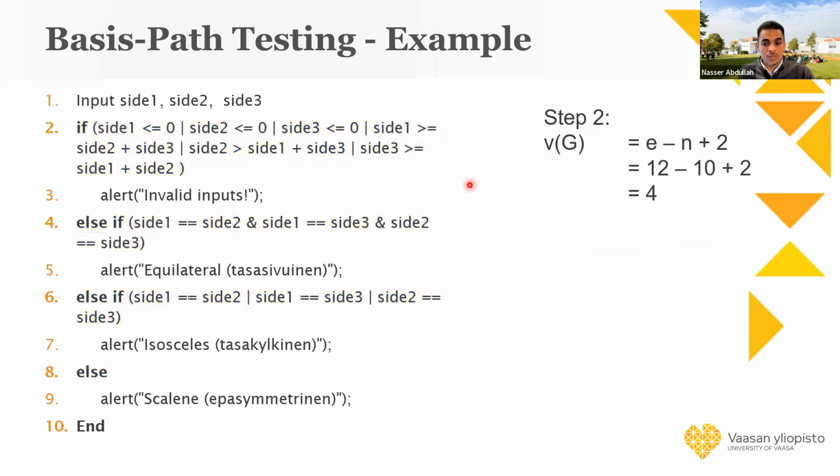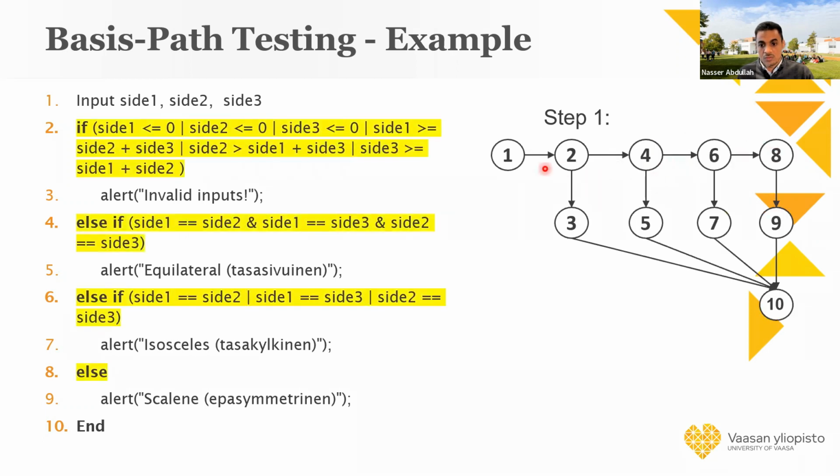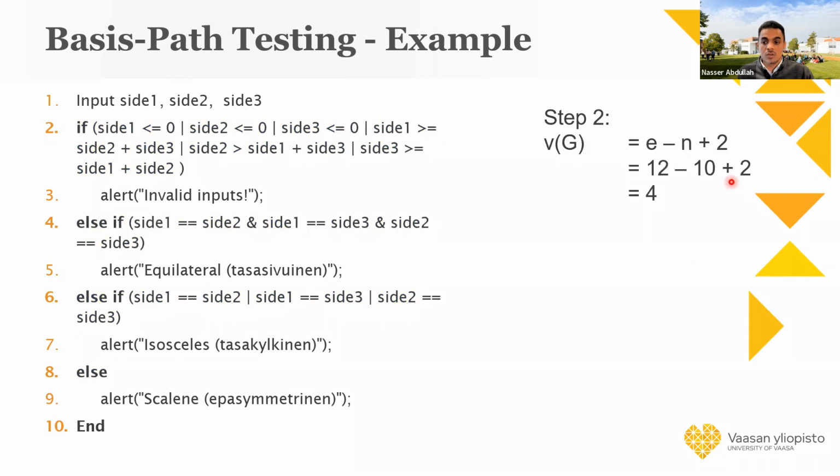Next we have to calculate the cyclomatic complexity. Here we have 12 edges and 10 nodes, 8 and 2, which is 10 nodes. So the cyclomatic complexity should be 4.